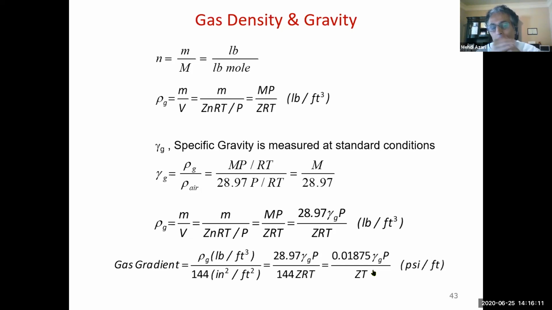All right. Now, if you have the gas gradient from the wellbore, remember you're coming up there, you're getting the pressure reading at any point. You plot it versus depth, you can come up with the gas gradient. So I have this gas gradient from the pressure data.